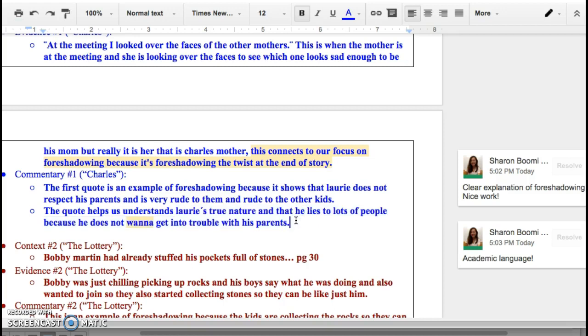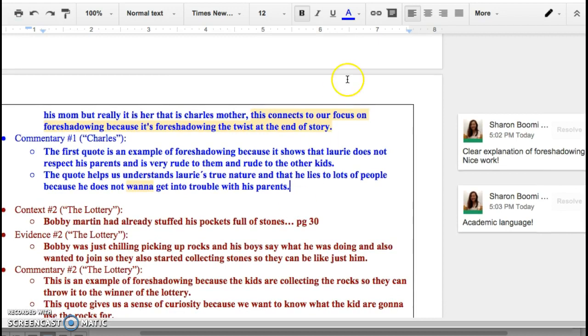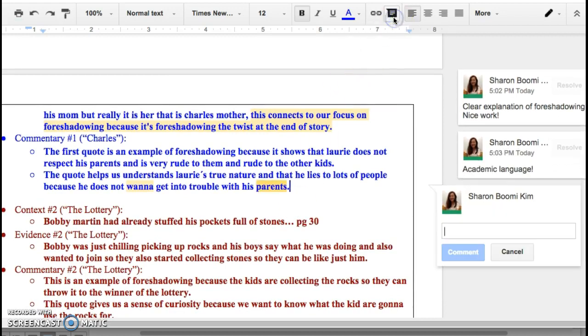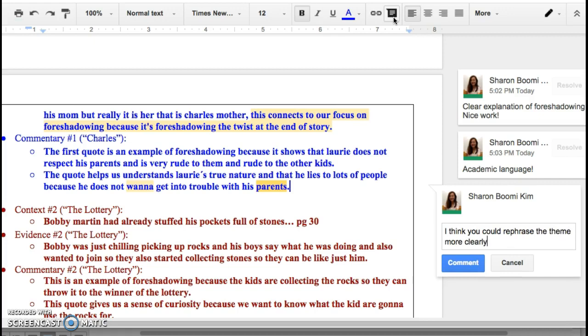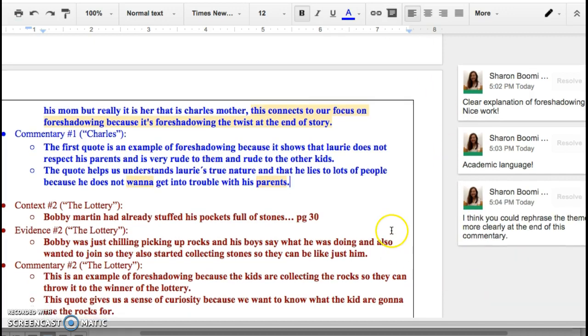They're pretty close. They're talking about the same thing, but they're not as clearly overlapping as they could be. So just let them know that maybe they can work on it again. They can rephrase that before they put it into their rough draft document.